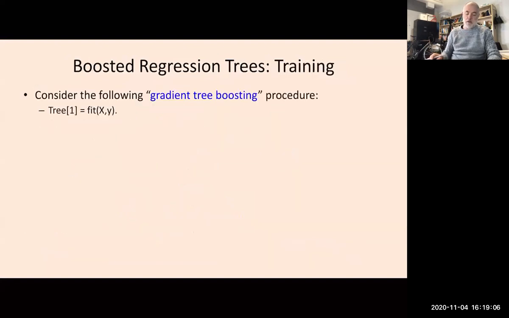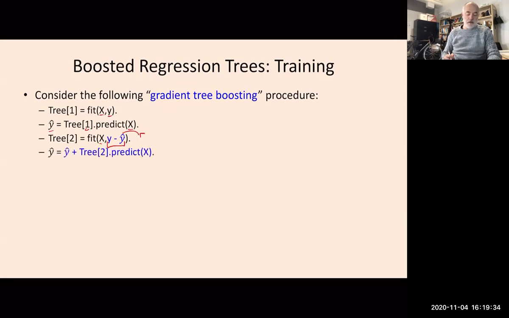So here's a gradient tree boosting procedure. Fit the first tree using the full data and the labels. You make a prediction, y hat, using the first tree and the input data X. The second tree you fit using the input data X and the residual.